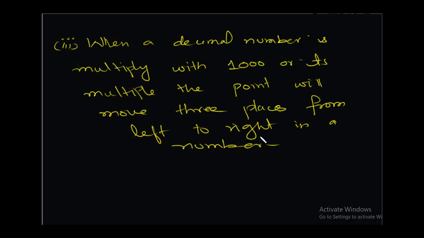These are the rules for multiplication of a decimal number with 10, 100, 1000 and its multiples. Next, I will solve some questions on multiplication with 10 and its multiples.